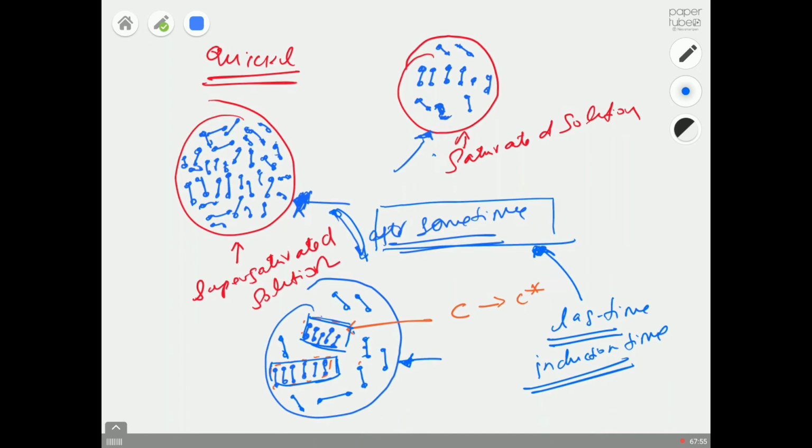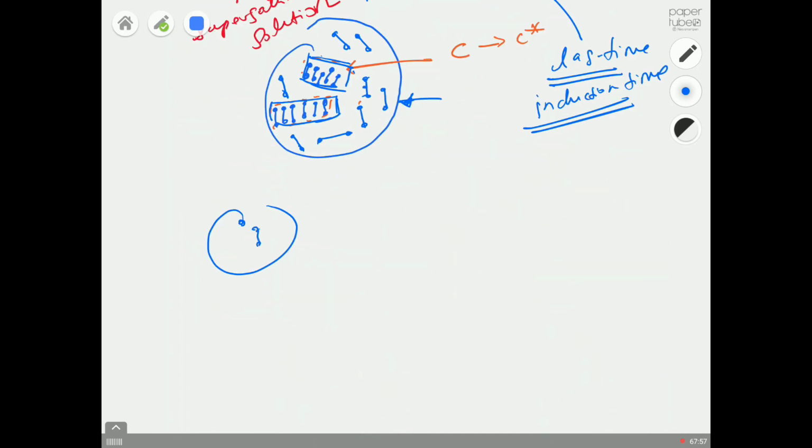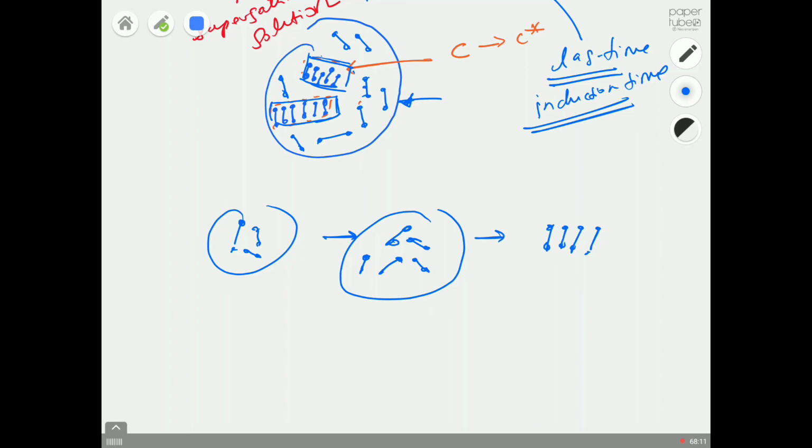Imagine you have some molecules that randomly come together. They might look like a blob, and then they will eventually assemble into a perfect crystal. Some people call this a cluster, some call it an intermediate phase.